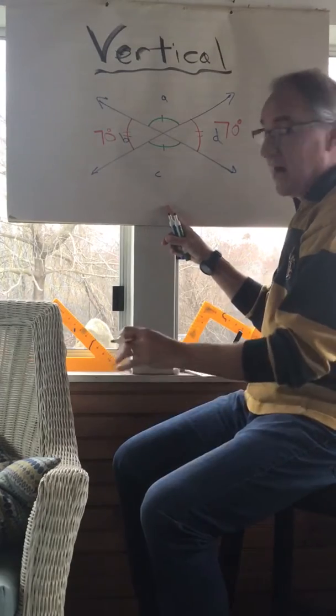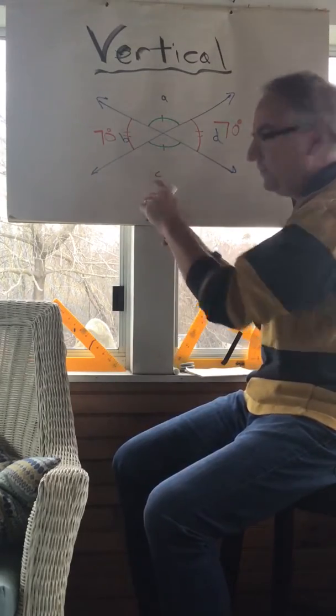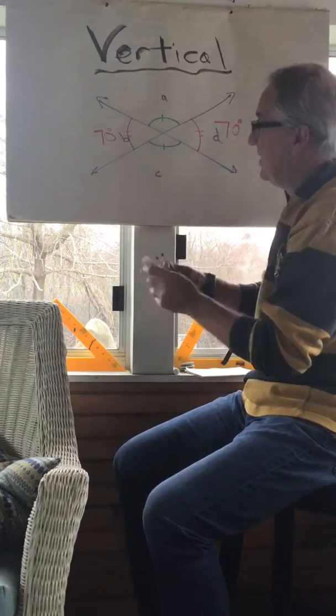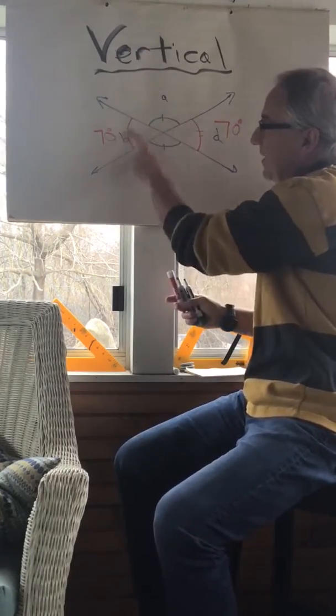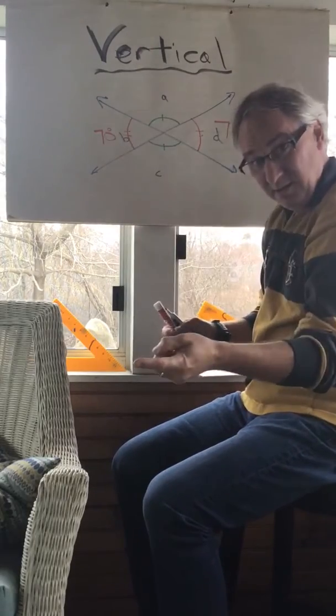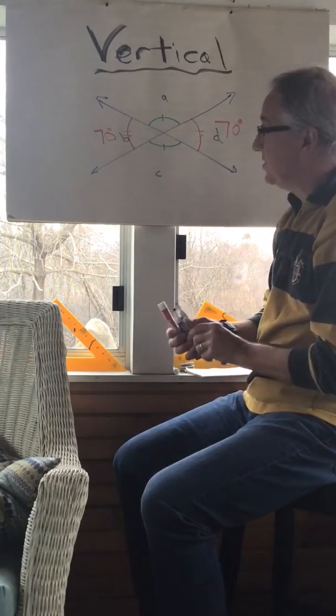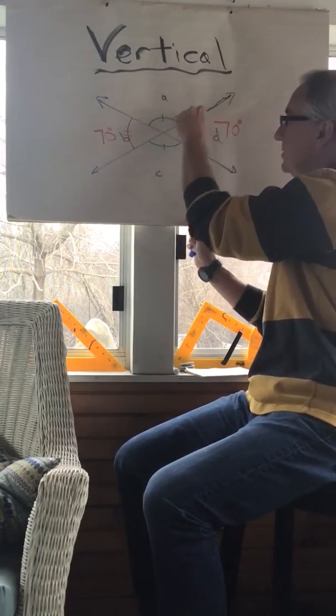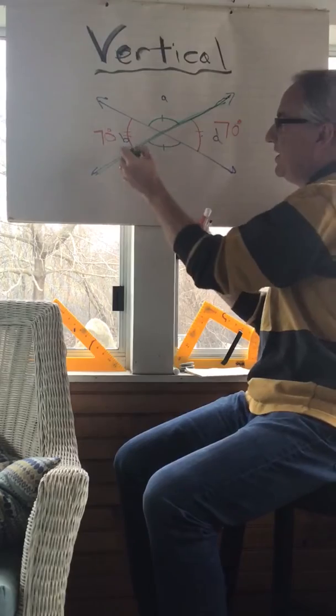Yeah? Yeah. Now, if you can see this straight line in here also, in that case, angle A and angle B are supplementary from the other part that we talked about before, and two supplementary angles have to equal 180 degrees.